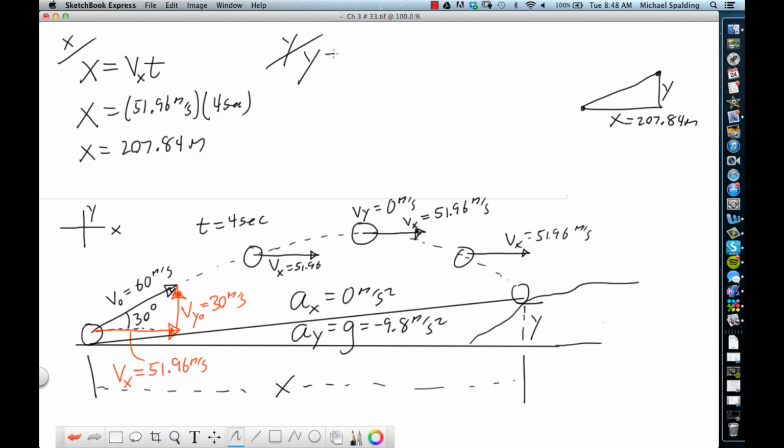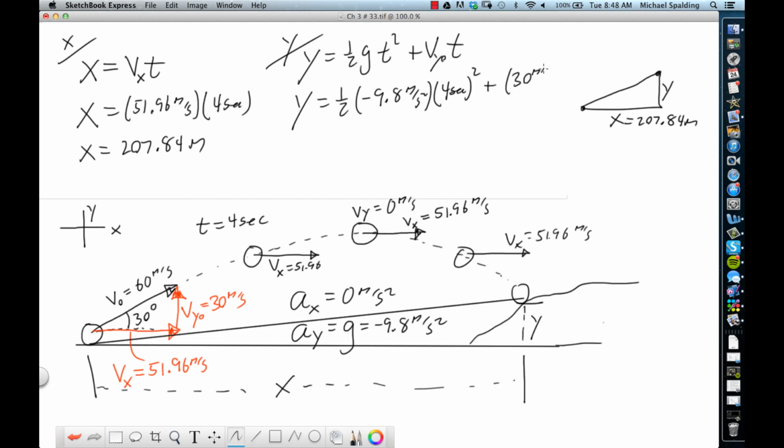All right, solving for the y displacement. I would just go y equals 1/2 g t squared plus Vy initial t. So y is 1/2 times negative 9.8 times 4 squared, plus Vy initial, which was 30, times 4.